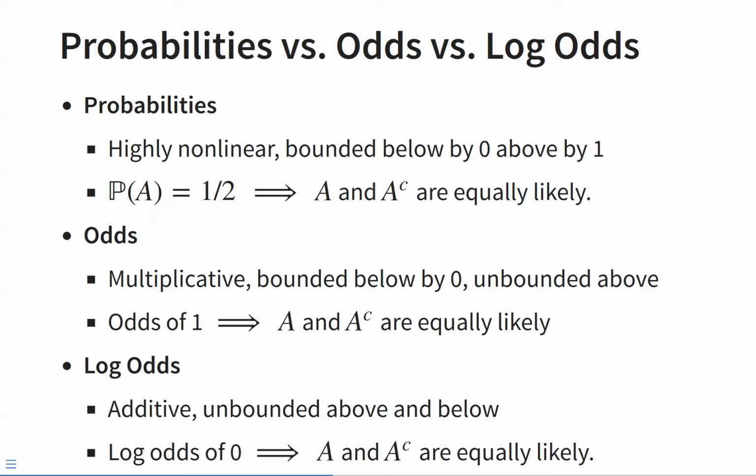But the logarithm is an increasing function. So because the odds are unbounded above, so is the log odds. What's nice about log odds is that 0 means that A and A complement are equally likely. How do we know that? Well, that's because the log of 1 is 0, and on the odds scale, 1 means that A and its complement are equally likely.